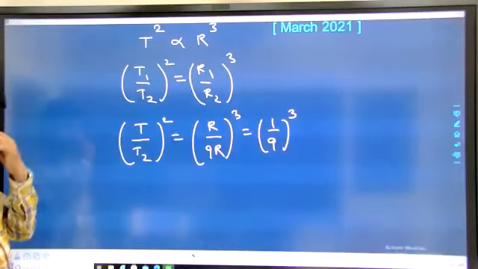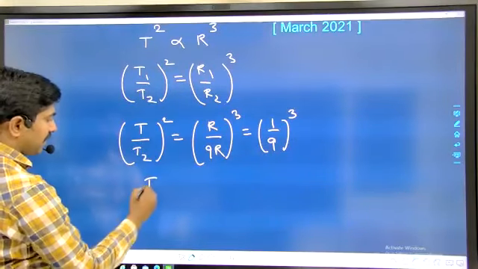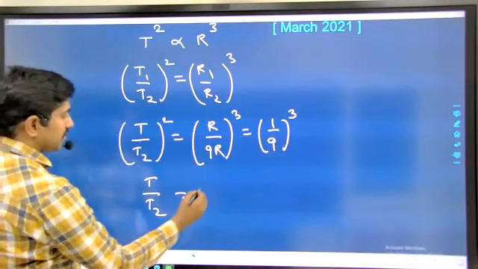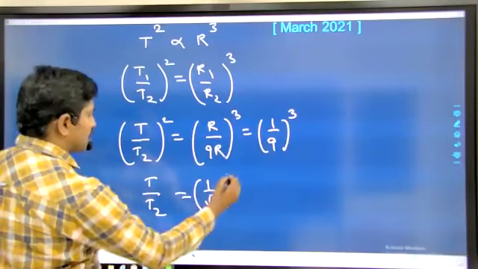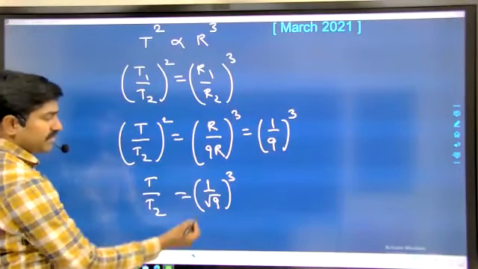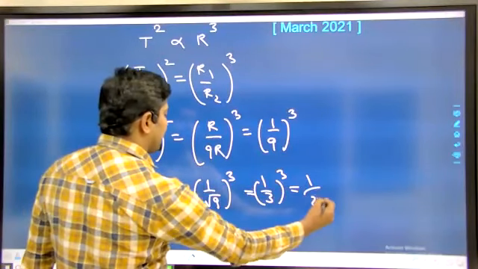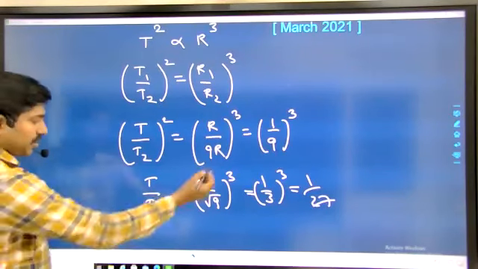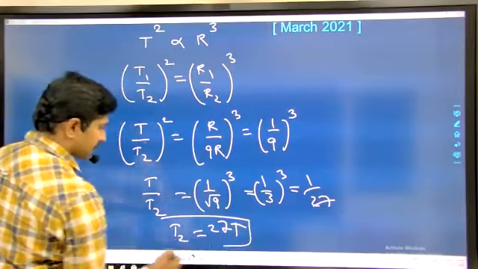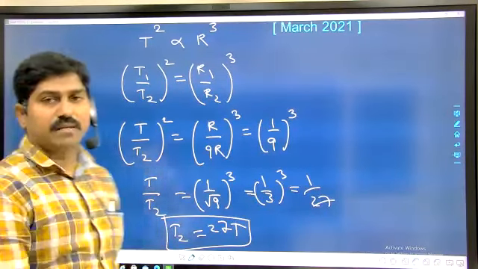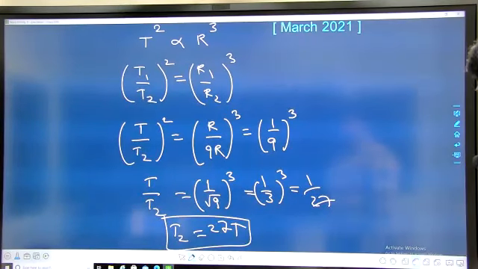Now, by taking square root on both sides, T by T2 is nothing but 1 by root 9, whole cube also will be there. 1 by root 9 will be 1 by 3, so 1 by 3 whole cube, which is equal to 1 by 27. Then T2 will be equal to 27T. By solving this simple equation, you will get the time period in the second case as 27T.